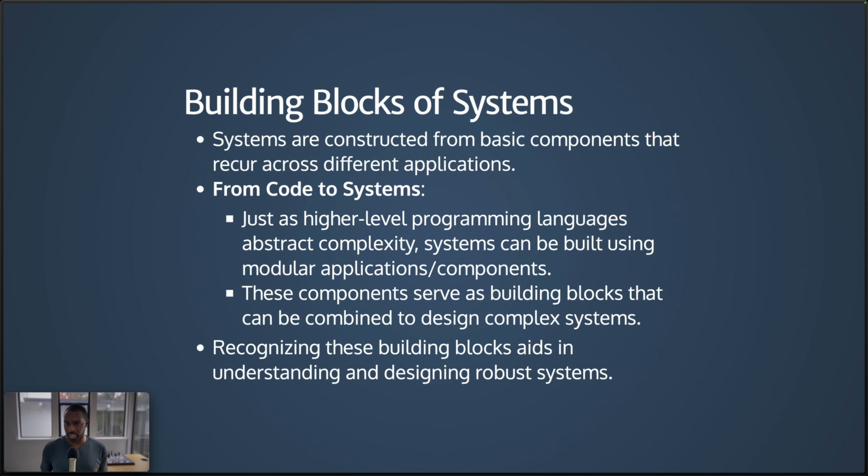Systems are constructed from basic components that recur across different applications. So just as higher level programming languages abstract complexity, systems can be built using modular applications and components. And these components serve as building blocks that can be combined to design complex systems. What I'm saying here is, as you can see, the actual computers that we use eventually only understand zeros and ones.